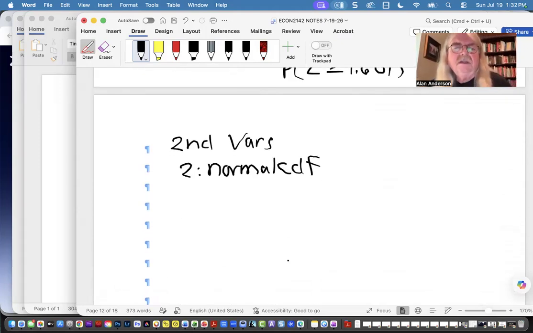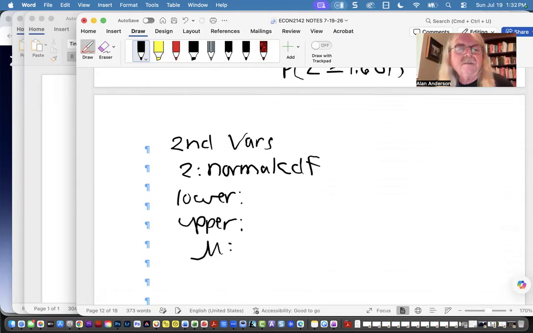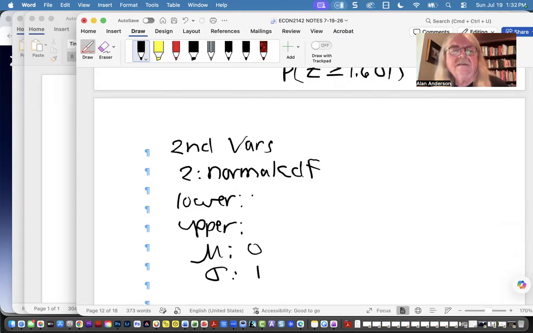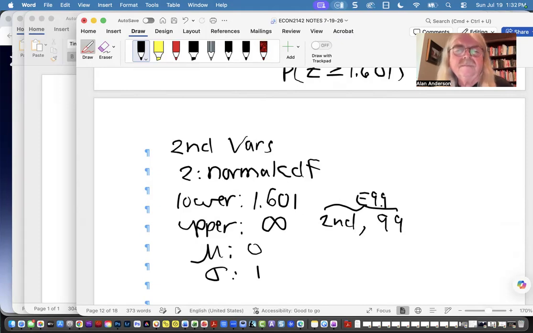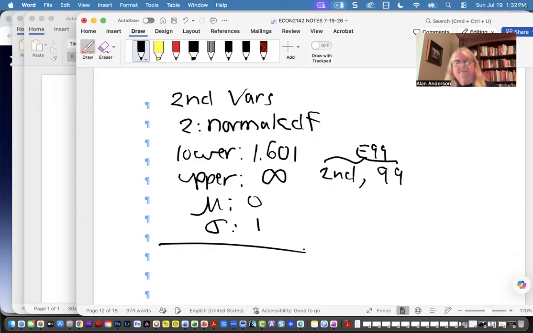So therefore, we need to know lower limit, upper, mu and sigma, everything from 1.601 up to infinity is what we're looking for. And that will be 0.055, let's say.